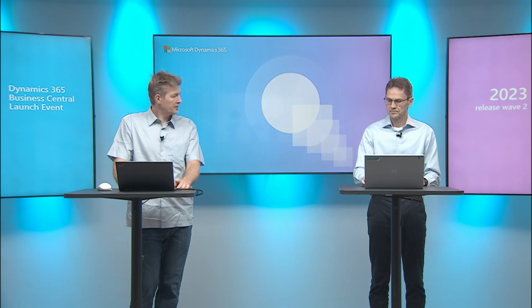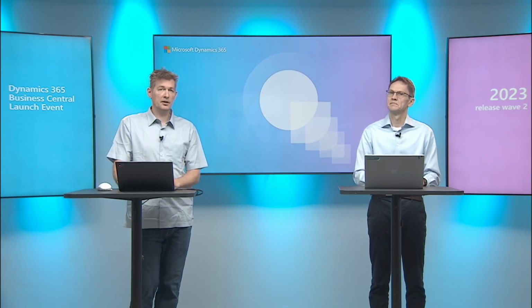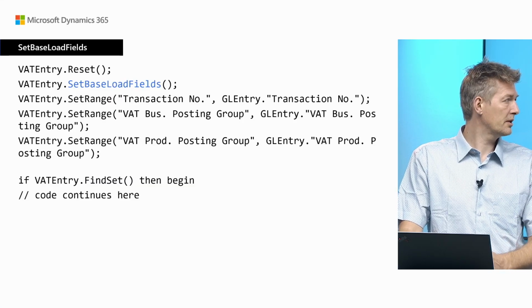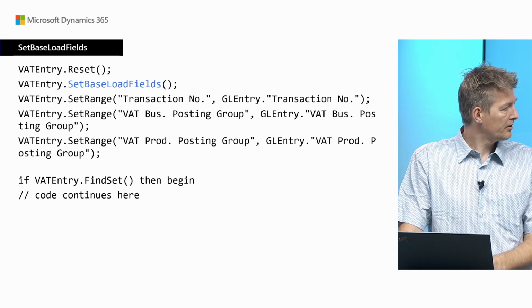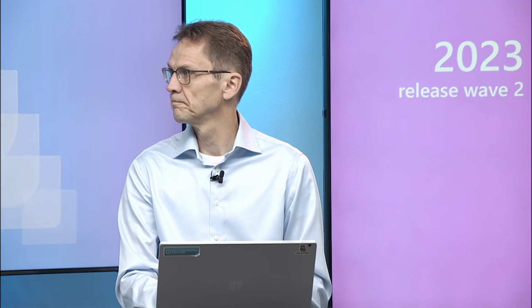Yeah. And is this an example from the base app? Yes. So this is actually something you can search for in the base app code and see the actual example how it's being used. Yes, so if you're in doubt, you don't really know which fields, but you know that this is just my code, I'm not raising events, then putting in a SetBaseLoadFields is a safe way to go.